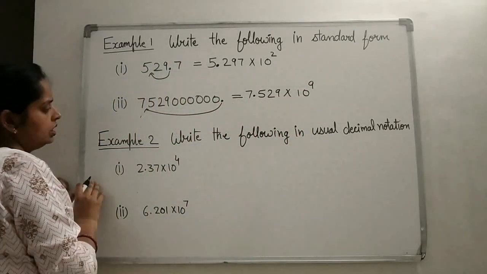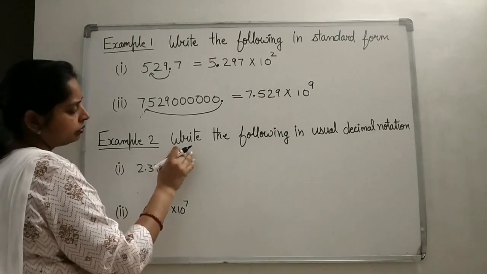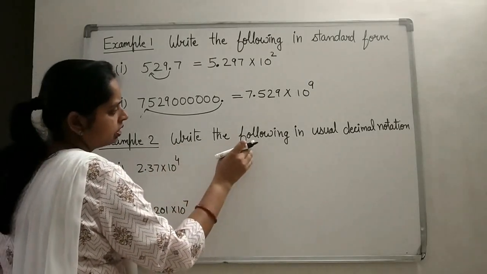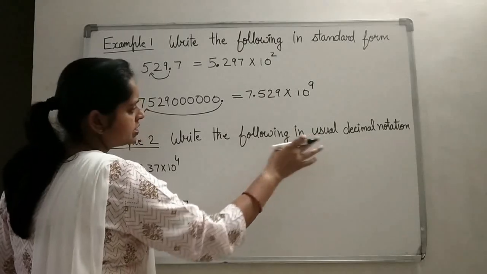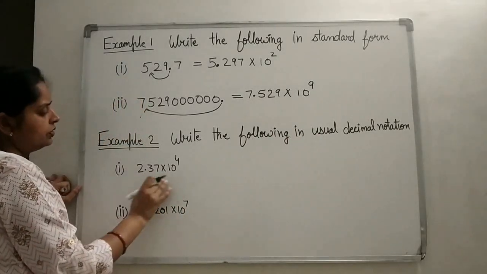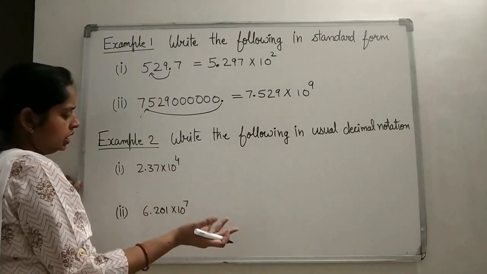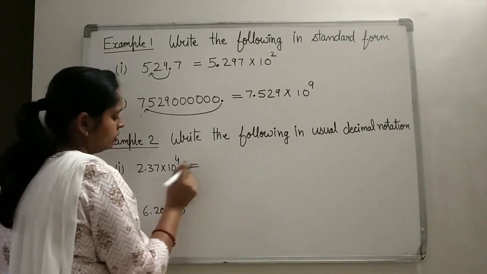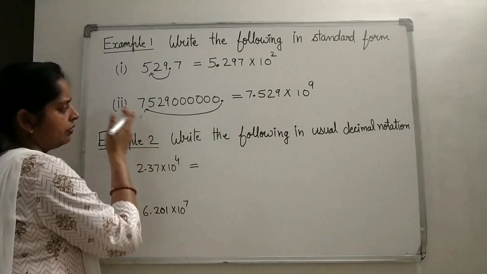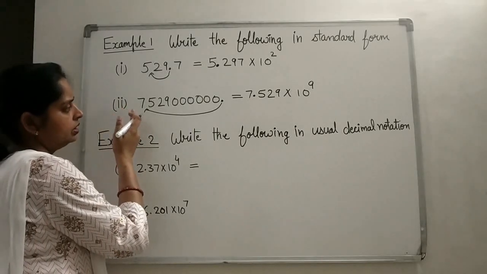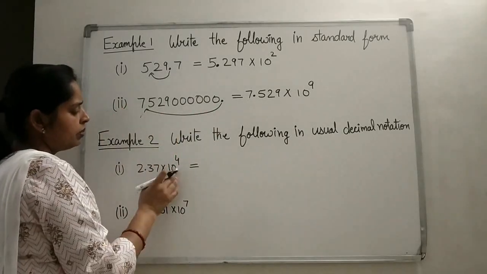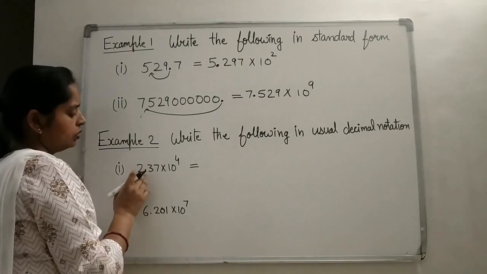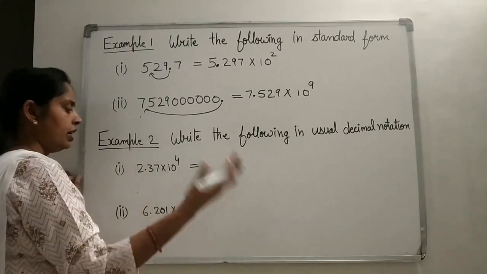Okay, now see the second example. Write the following in usual decimal notation. This means the standard form has been given and we have to write the general number or usual form for that. As we move to the left side when writing the standard form, now the power is 4, so the decimal will move to the right hand side.